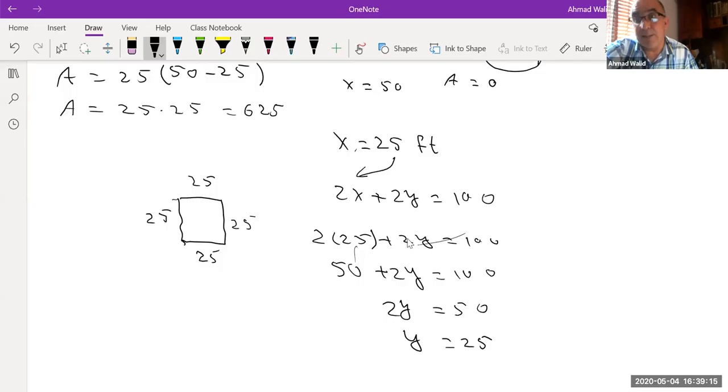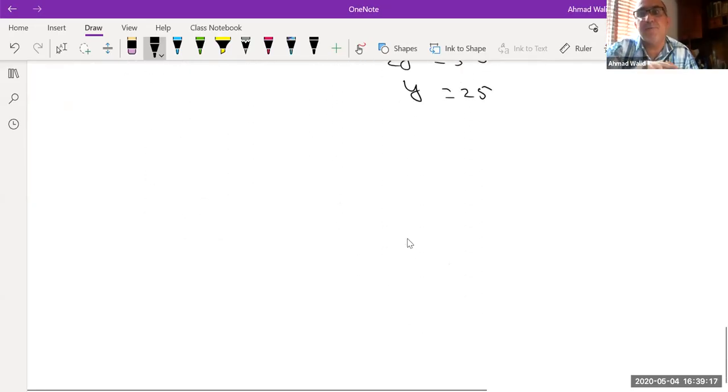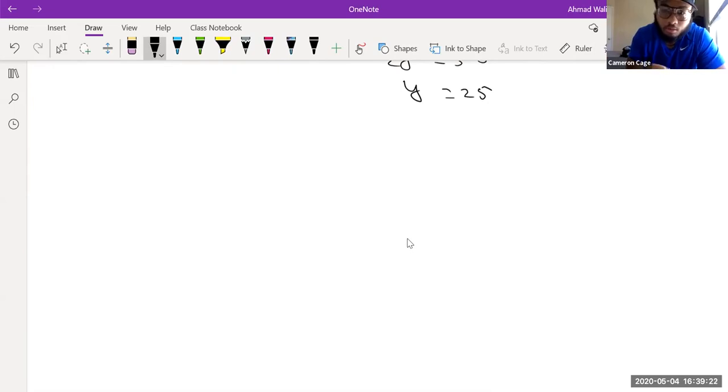And the second example will be more clear for you. What we just did right there was just checking, like checking the work that we did. I found how much X should be and how much Y should be to get the maximum area, correct? You even found how much your maximum area is.